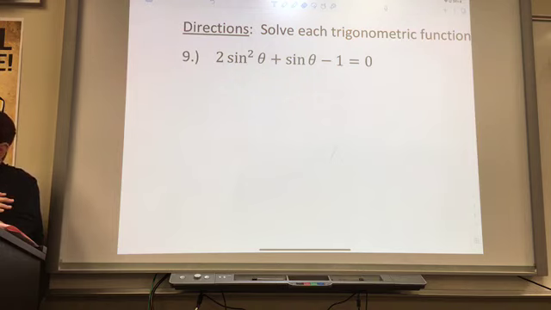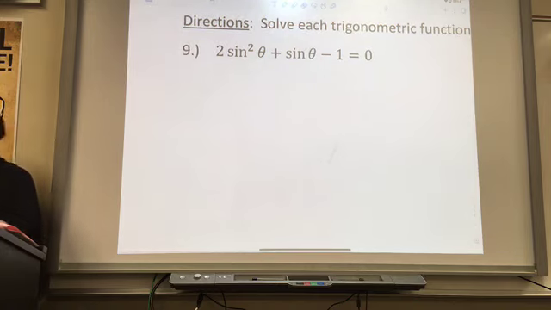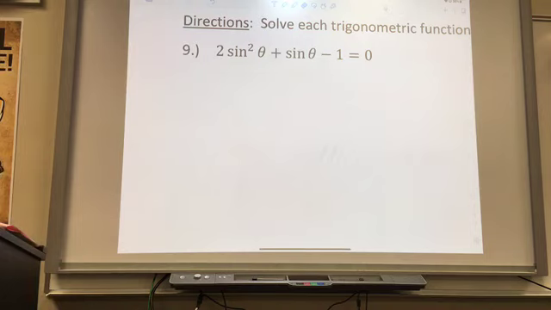It's x squared plus x minus 1. So I think that you can do that now after 2 hours of trig with me. I think you can do it. We got a 2x squared plus x minus 1.